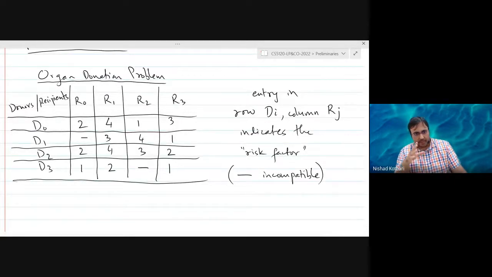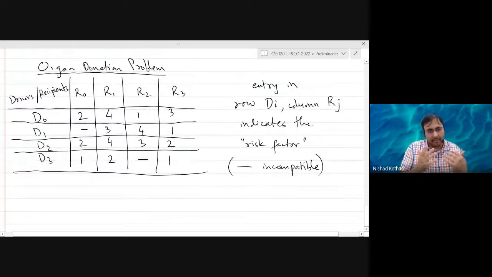So for a particular donor to donate an organ to a particular recipient, they need to be compatible at least. And ideally, you would like to minimize the risk. Of course, you may not want to minimize the total risk in the actual real world setting, but here we are looking at a special case where we are just going to minimize the total risk, which is equal to the sum of all the risks that you choose.